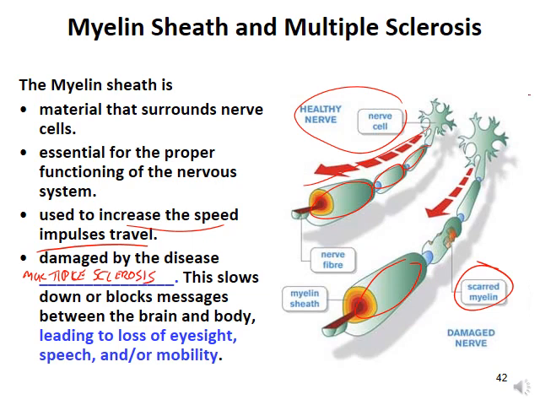And multiple sclerosis slows down or blocks the messages, because the signal doesn't go zip, it kind of stutters, and therefore you can't do the things you want to do. It slows down your responses, and you end up with a loss of eyesight, speech, mobility. It's a degenerative disease, and it's devastating. Multiple sclerosis has everything to do with the sphingomyelin.